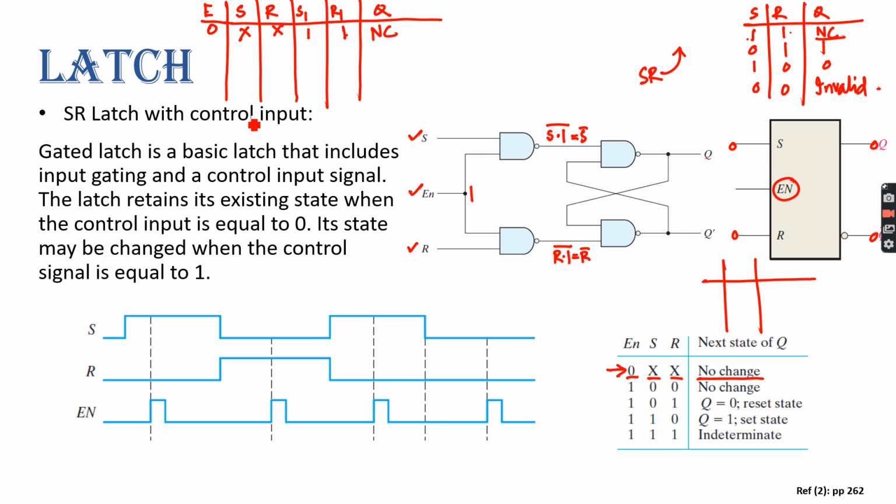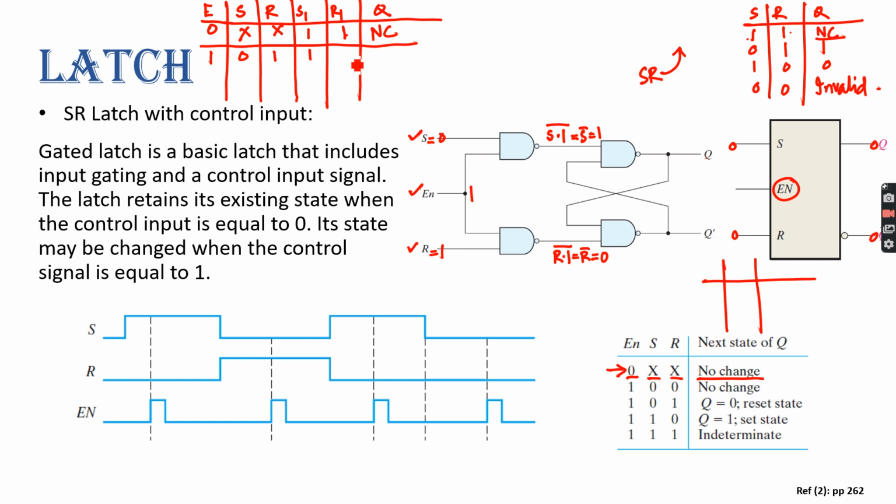So now if my enable value is 1, S value is 0, R value is 1. So here we can see, if you give here 0 and here 1, then this value will be 1 and this value will be 0, right? Yes, sir.